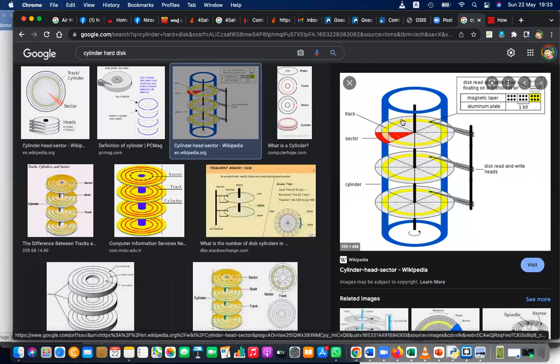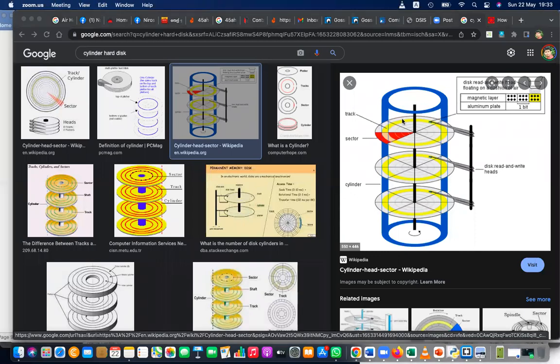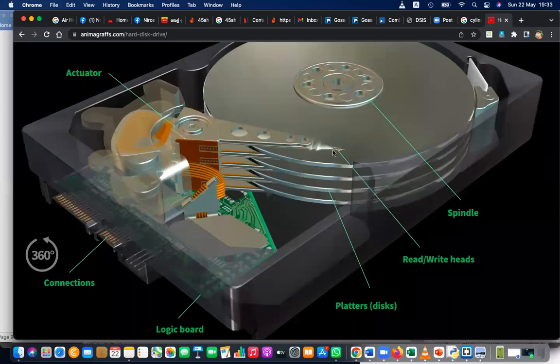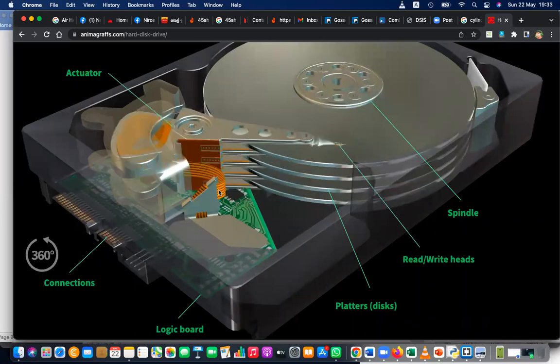What you need to understand is this hard disk is created with platters. Platters have surfaces. Each surface has a read-write head, which is connected to the actuator through an actuator arm.